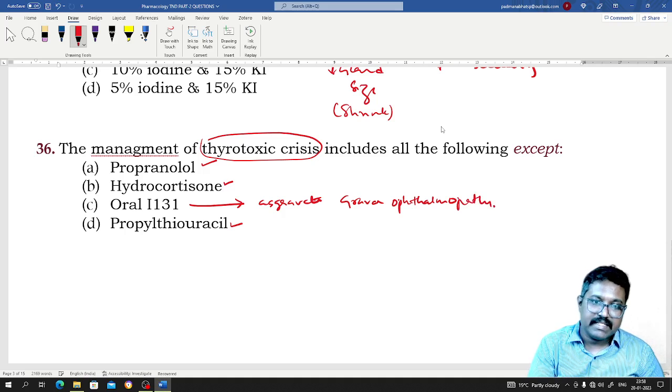So this will be exaggerated by oral iodine 131. They have asked the exception, so C will be your right answer for this question. You can use propranolol, hydrocortisone and propylthiouracil for management of thyrotoxic crisis, but not the oral iodine 131.